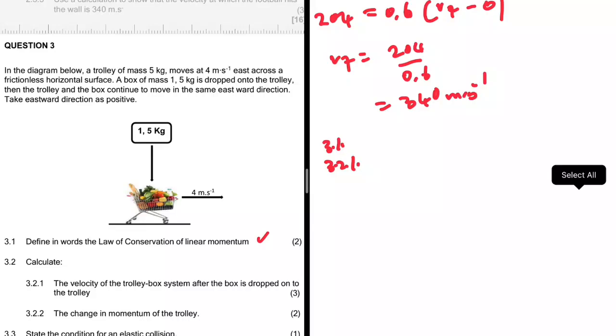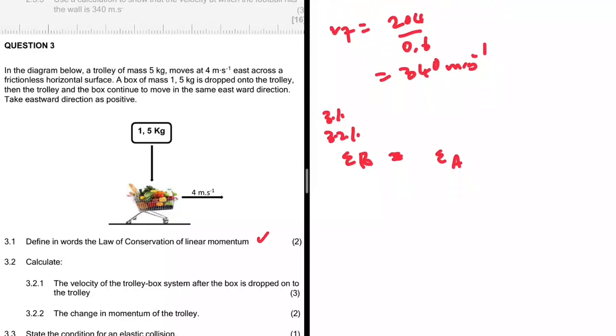So if we use the conservation of linear momentum here, we're going to say that the sum of the momentum before is equal to the sum of the momentum after the box has been dropped onto the trolley.